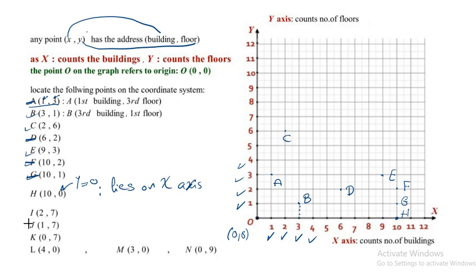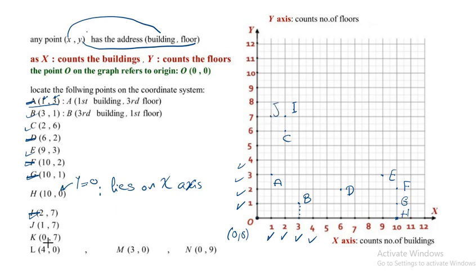Let's continue. Point I, 2 and 7. Building 2, floor 7. Sorry, it's I, not L. It's point I. Now, point J, 1 and 7. Building 1, floor 7.